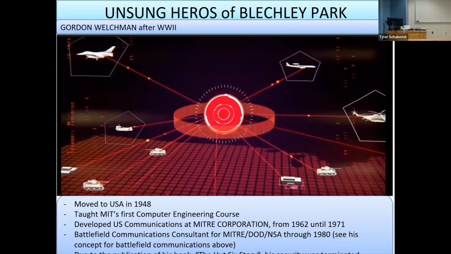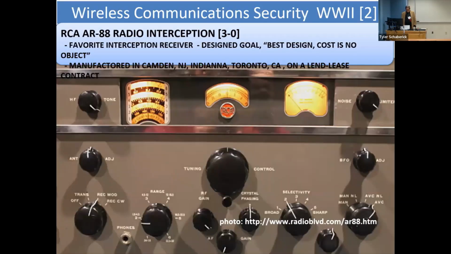So it wasn't the word internet, and it wasn't IT, but he did the first concept of a large network that aircraft and tanks can communicate with for the U.S. military. And again, he had his hands in on the spec of this AR-88.